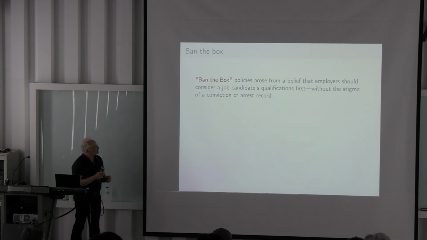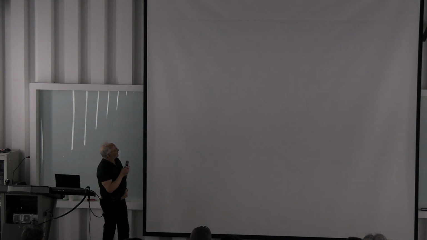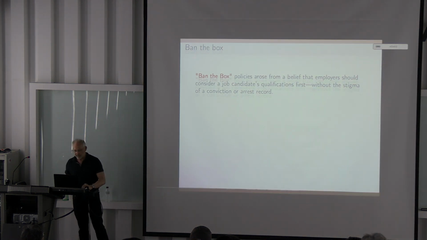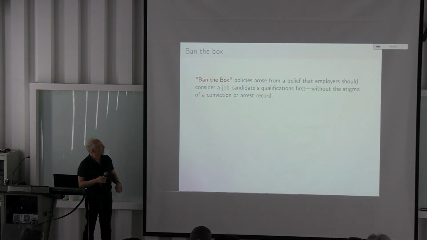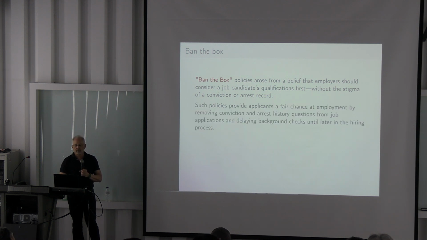So let me give you another famous story. The famous example is the story of Ban the Box. You can Google it. What's Ban the Box? It turns out that when you wanted to get a government position, in employment by the government, you had to fill a questionnaire, and one of the questions in the questionnaire was, were you ever convicted of a crime?